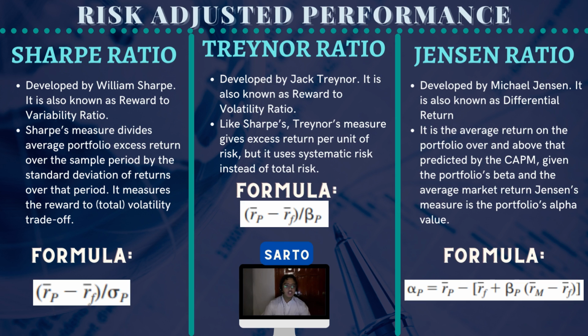First, we have the Sharpe measure, otherwise known as the reward to variability ratio, developed by William Sharpe. Sharpe's measure divides average portfolio excess return over the sample period by the standard deviation of returns over that period. It measures the reward to total volatility trade-off.